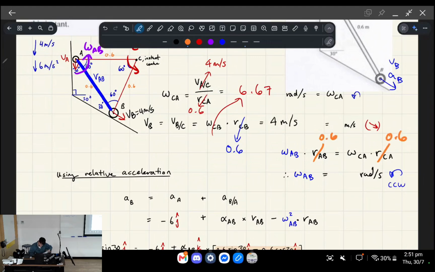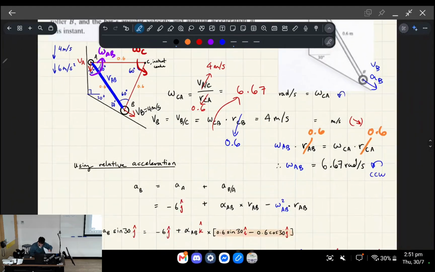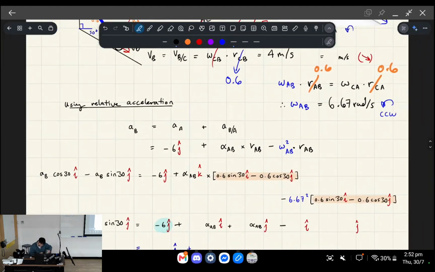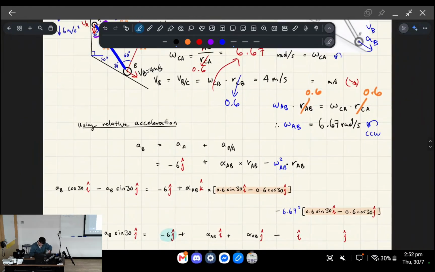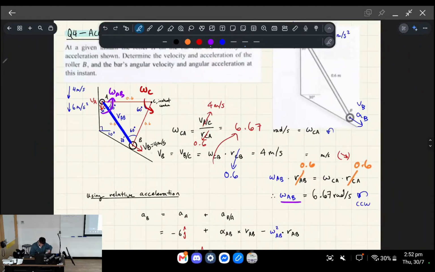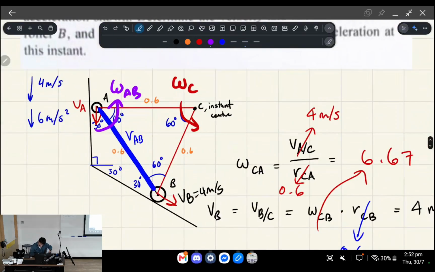This is 0.6. As you can see, you get the same thing because the lever arms are all the same. So what we've done now is we figured out the angular velocity and the velocity of B. What we don't know is the angular acceleration, and we don't know the linear acceleration of B. So these two things are unknown.